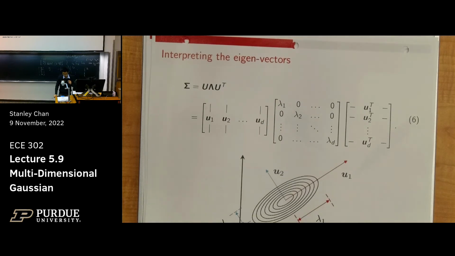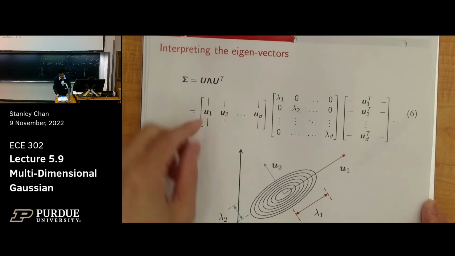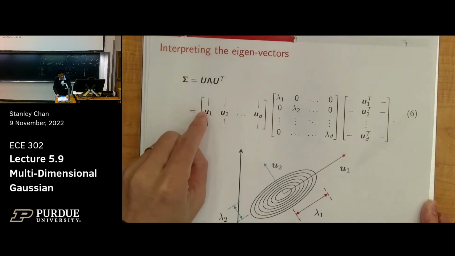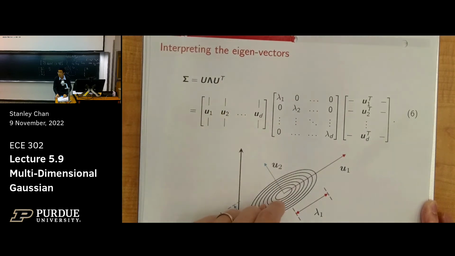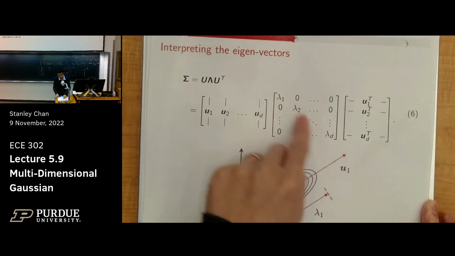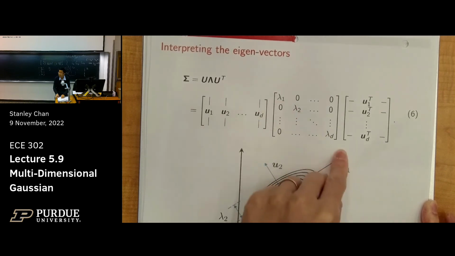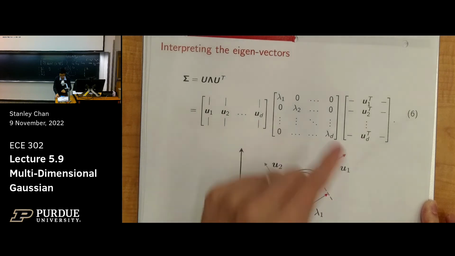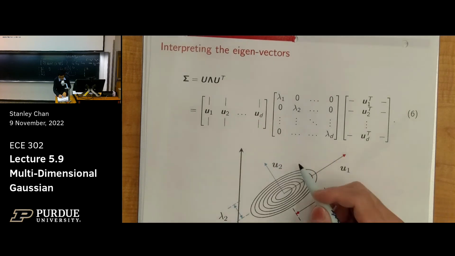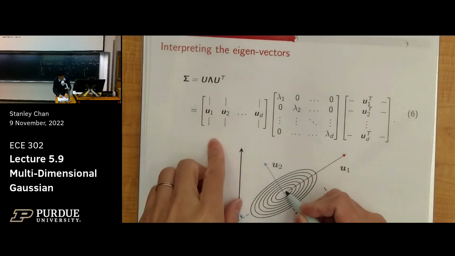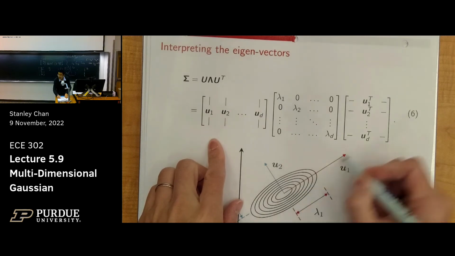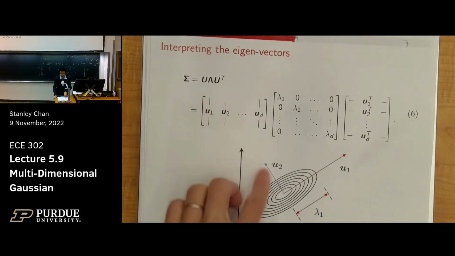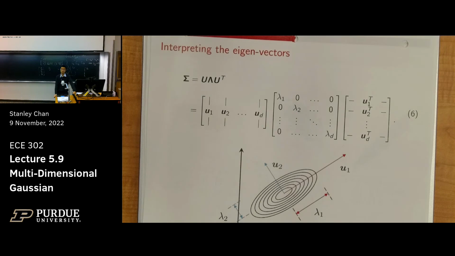So long story short, let's go to the picture. Now you have two things. One would be the column vectors. Two would be the diagonal entries. Very important, there are two different things. It turns out that your vectors define the major and the minor axis of your Gaussian.